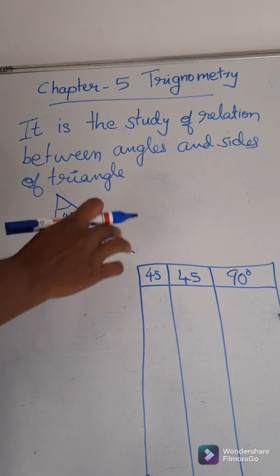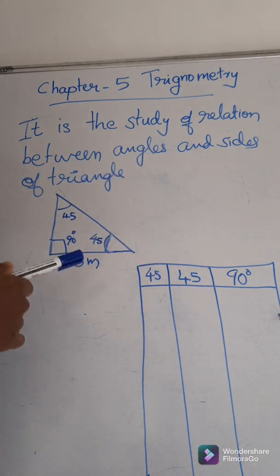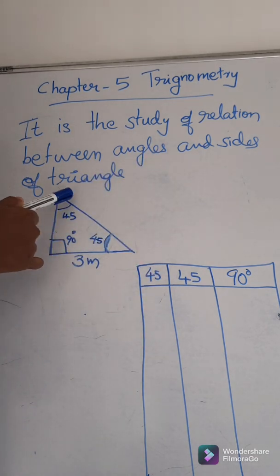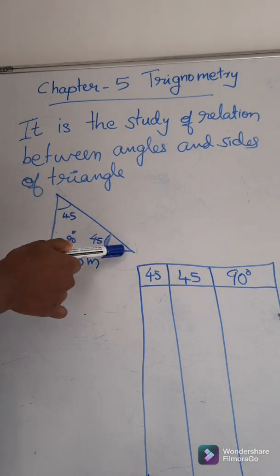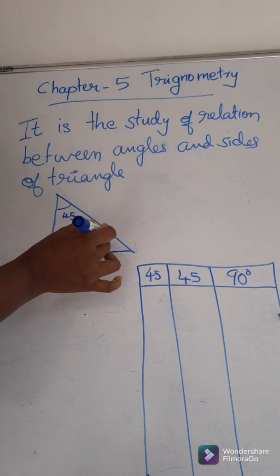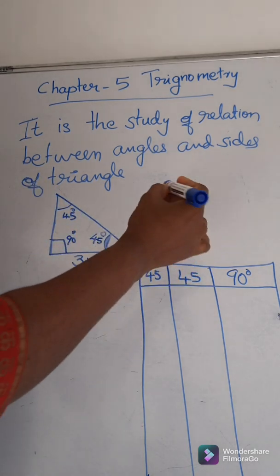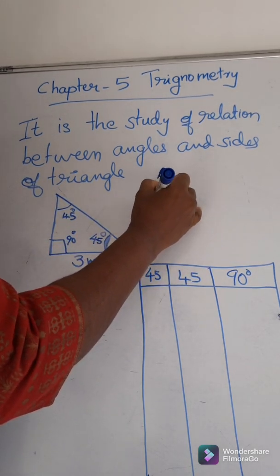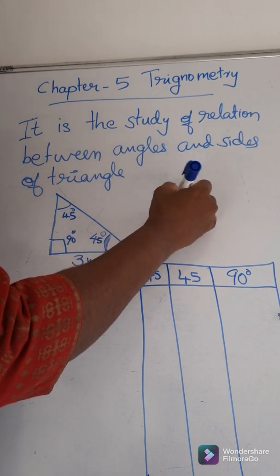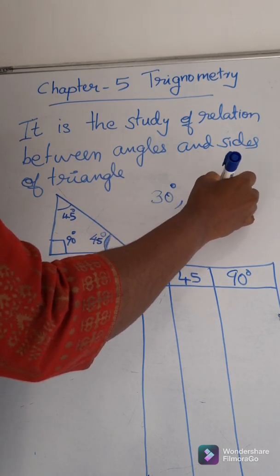We can see two types of set square. One is this type of set square, both sides equal, 45 degree, then 90 degree. The other set square measurement is 30 degree, 60 degree, then 90 degree.